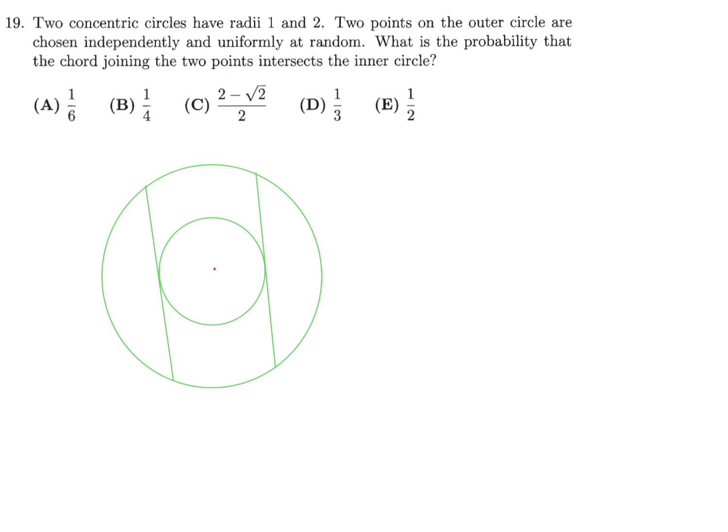Anytime you have the points in this range or in this range, it will create a chord that intersects that inner circle. But if I draw 2 points outside of these lines, say here or here, those will not intersect. So all I really have to do is figure out how much of the circumference this arc and this arc make. That will basically be the answer to the question.